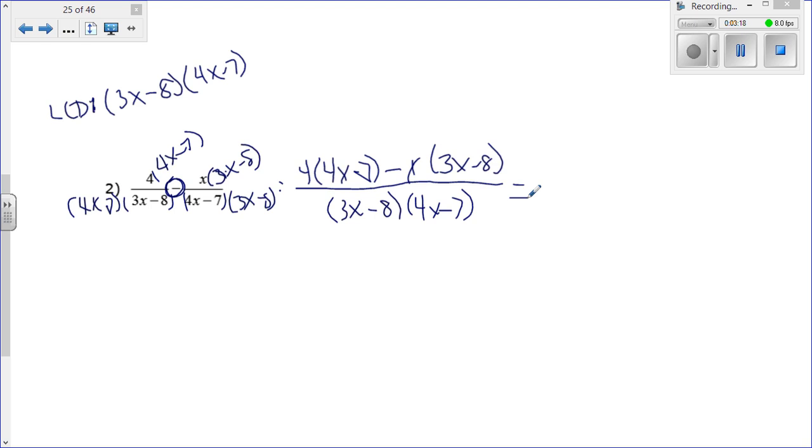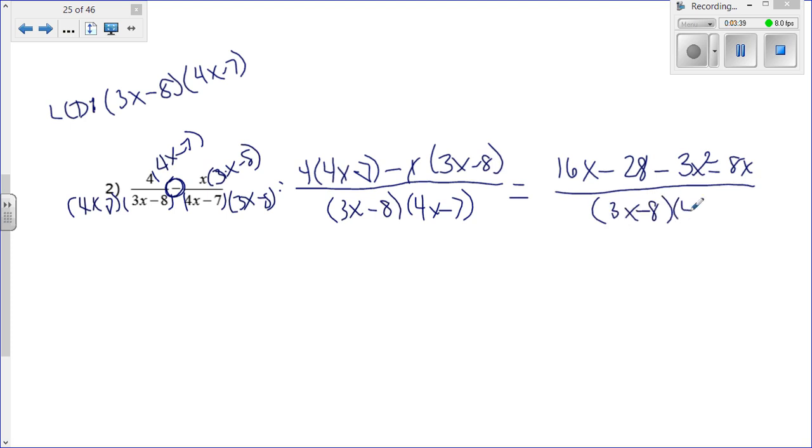So when I distribute in my numerator, I will get 16x minus 28, and then minus 3x squared minus 8x all over 3x minus 8 times 4x minus 7.